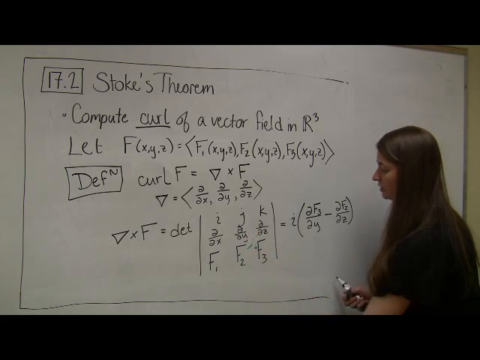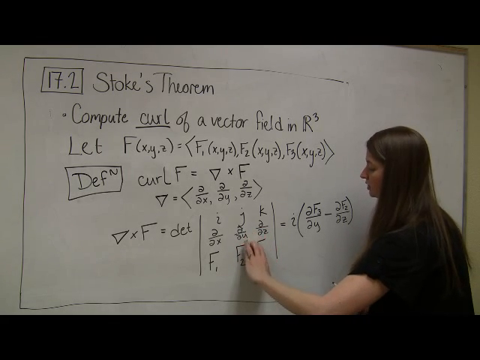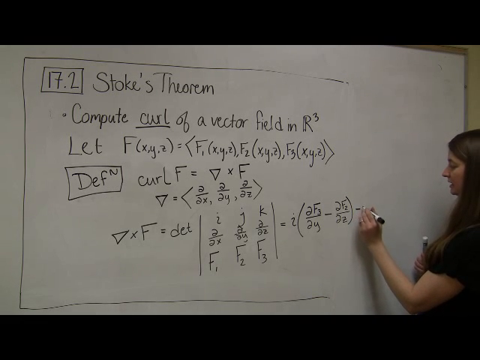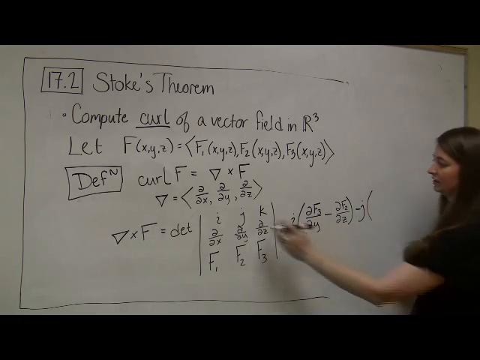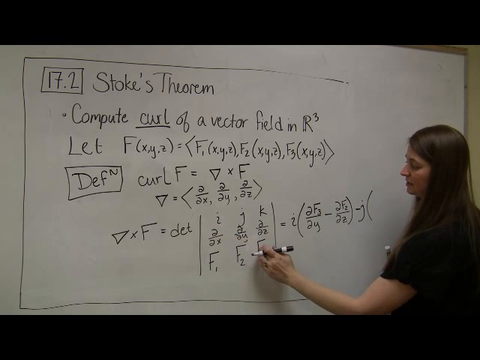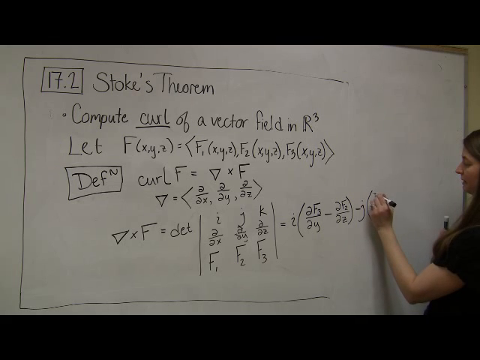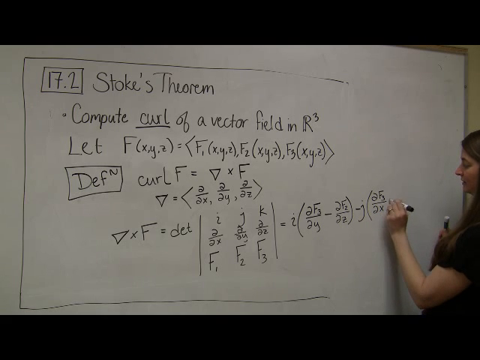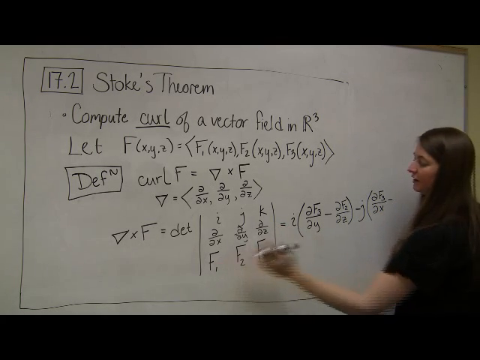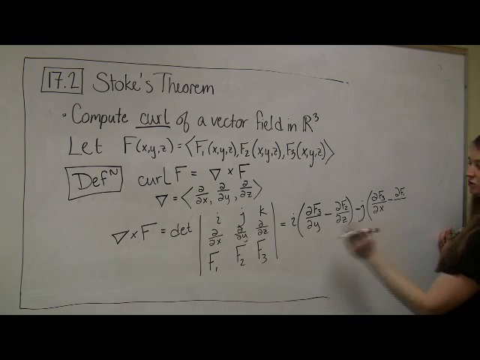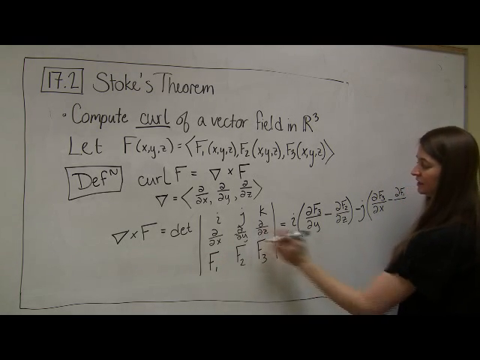So let's move on to our jth component. Our jth component is going to be given by the negative of j times this times this minus this times this. In this case, it's going to be my partial derivative of f3 with respect to x minus my partial derivative of f1 with respect to z.